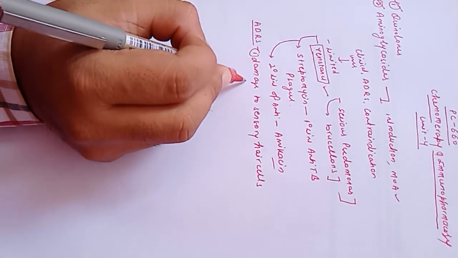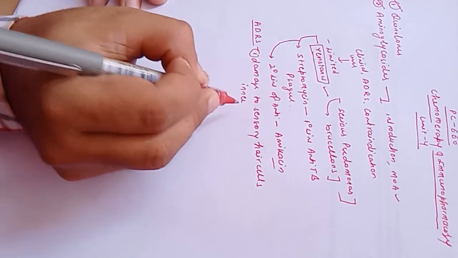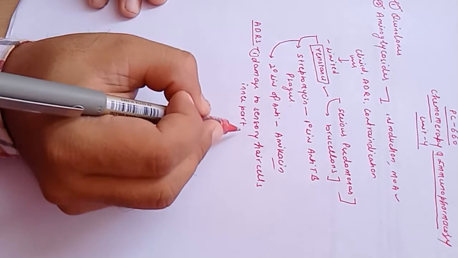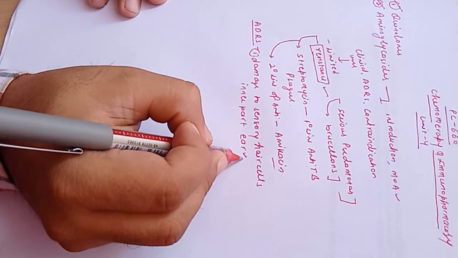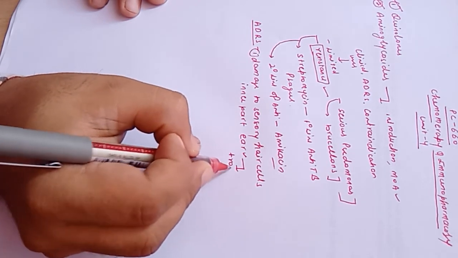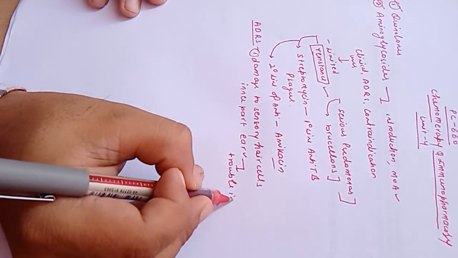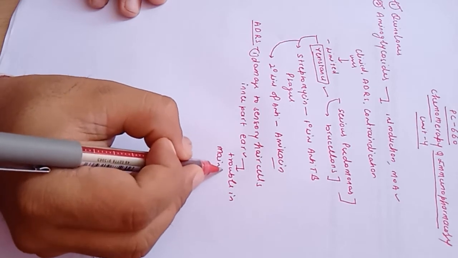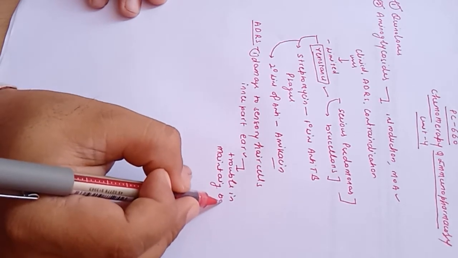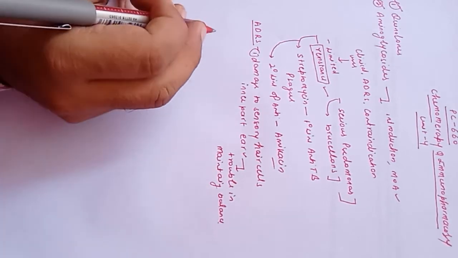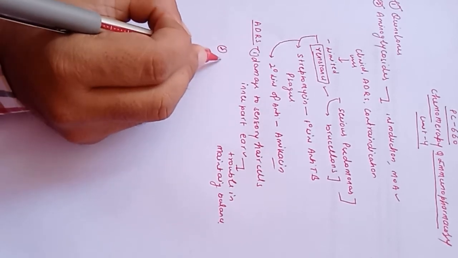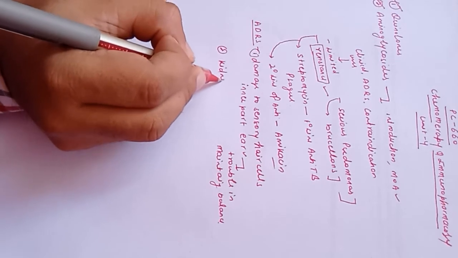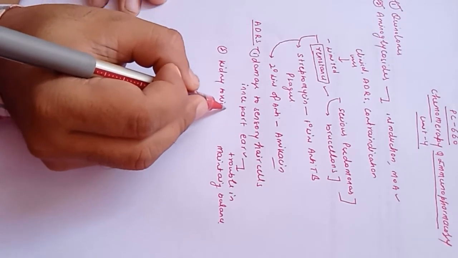They also damage the inner part of the ear, which leads to trouble in maintaining balance of the body. They also damage the nephrons, causing kidney toxicity, nephrotoxicity.